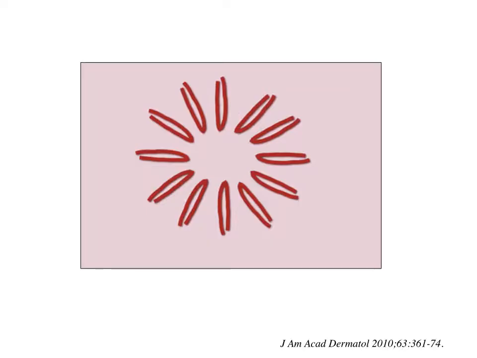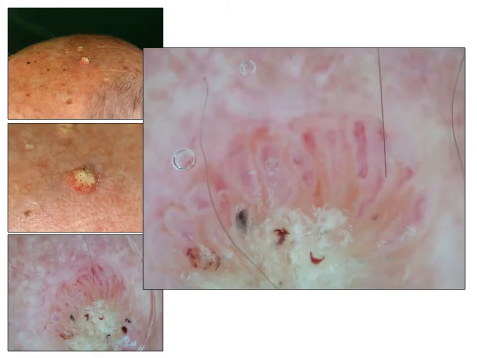In some cases, these hairpin-like vessels are in a very peculiar circular arrangement, and this is observed in this kind of crateriform squamous cell carcinoma with typical hairpin-like vessels with a whitish halo. Then keratin becomes oxidized and orange, and then this orange keratin is exposed to the air, and the inclusion of air inside produces this whitish aspect of the squames.